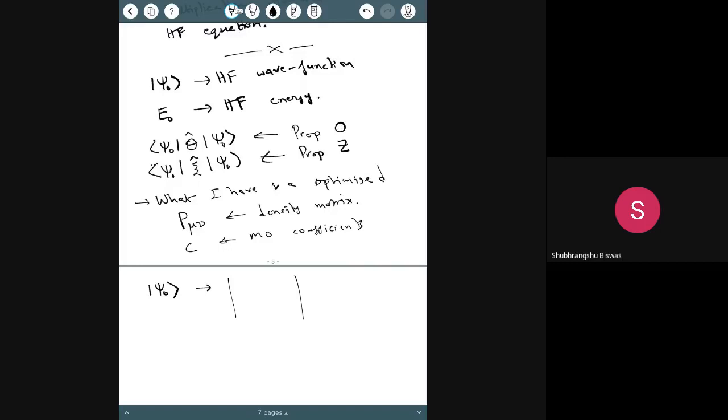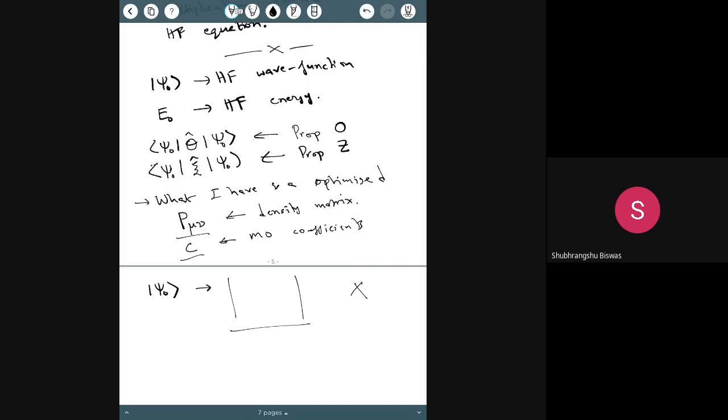But we don't know any explicit form for the spin functions. We also don't know the functional form of the orbital. We only have the coefficients in a basis. So there is no analytical way of writing this determinant from the density matrix and the coefficient matrix that you have obtained. So I don't really have this.